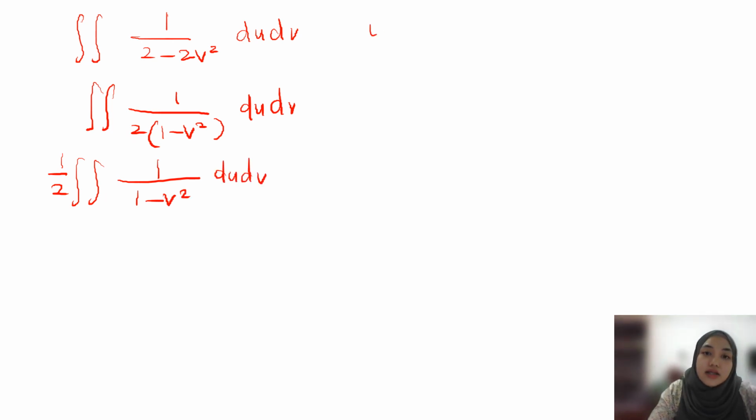So you have to let w equals 1 minus v squared, so dw equals negative 2v dv.